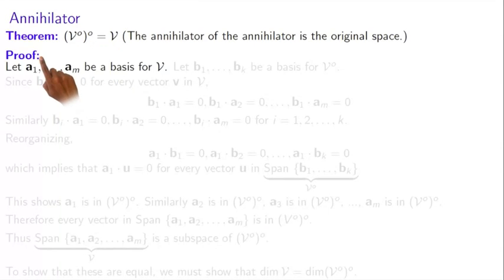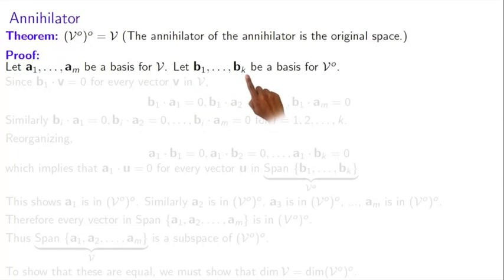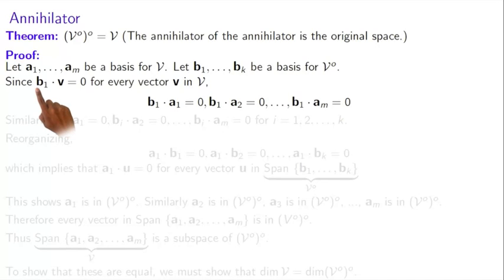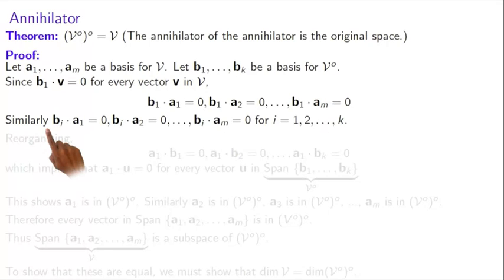Here's the proof. Let A1 through AM be a basis for big V, and let B1 through BK be a basis for the annihilator of big V. Since B1 is in the annihilator, it has a zero dot product with every vector in big V. So in particular, it has a zero dot product with the basis vectors A1 through AM. Similarly, each vector BI of the basis of the annihilator has a zero dot product with A1 through AM.